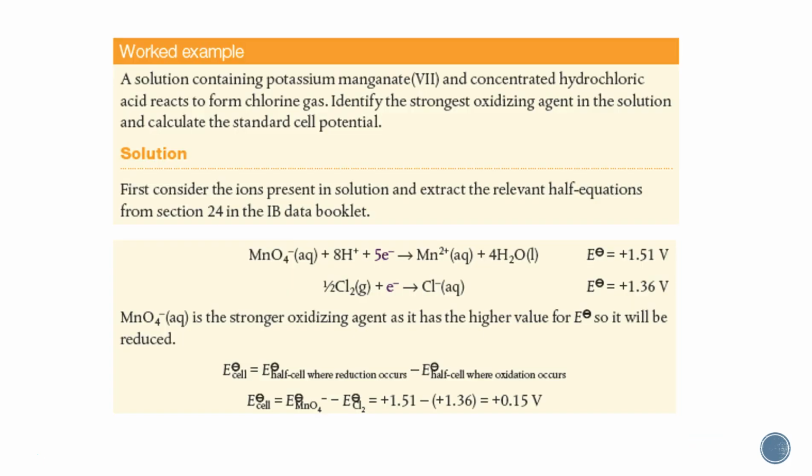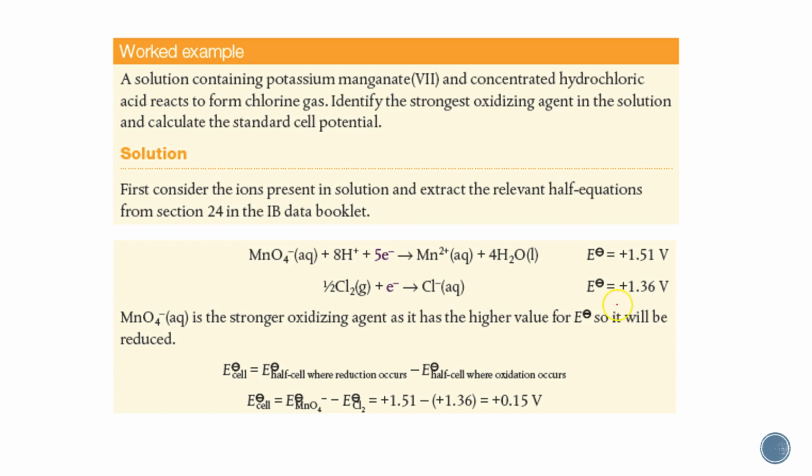So we can have a look at another example. A solution containing potassium permanganate(VII) and concentrated hydrochloric acid reacts to form chlorine gas. Identify the strongest oxidizing agent in the solution and calculate the standard cell potential. The strongest oxidizing agent is our strongest oxidant, so it will be the one that is reduced.